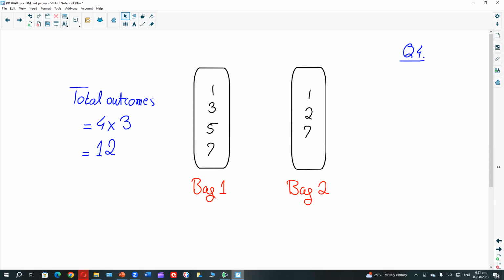Count the numbers in bag 1. How many numbers are there in bag 1? 4. And how many numbers are in bag 2? 3. And you multiply them to get total outcomes. So what is the concept? How do you find total outcomes? Multiply the individual outcomes to get total outcomes. Yes.